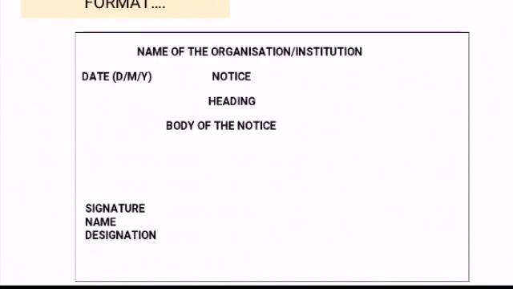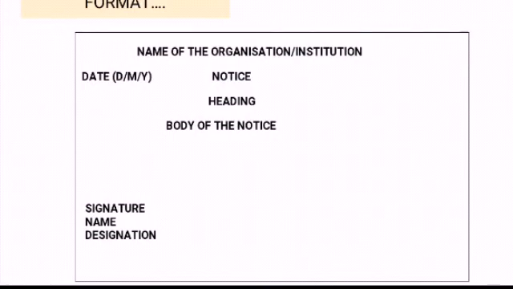Next, let us learn more about the format or certain guidelines which you need to follow when you write a notice. First, here you see a box, and inside the box you see so many things. So that means when you write a notice, you have to put it in a box. First, you see the name of the organization or the institution issuing the notice.